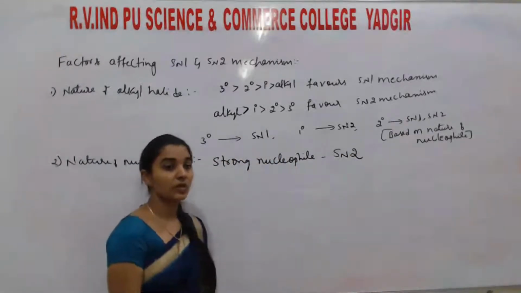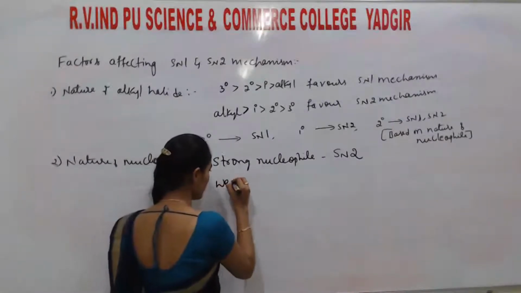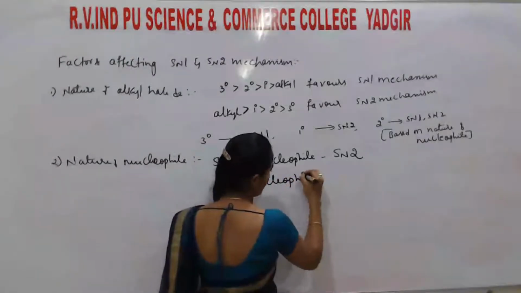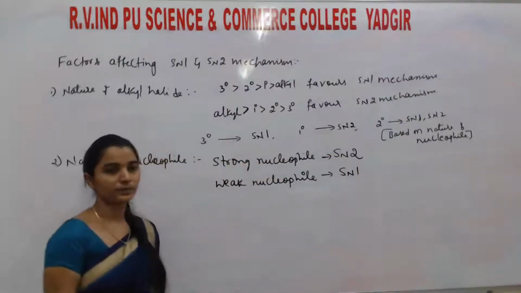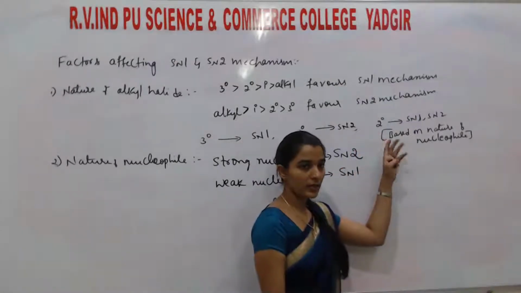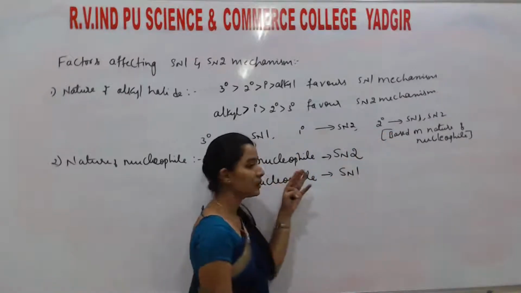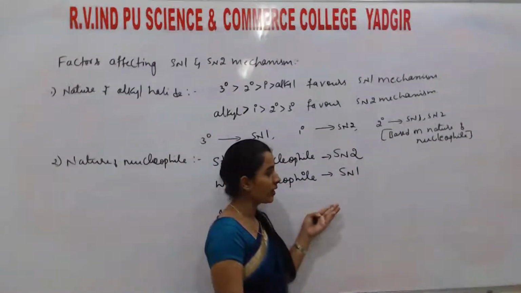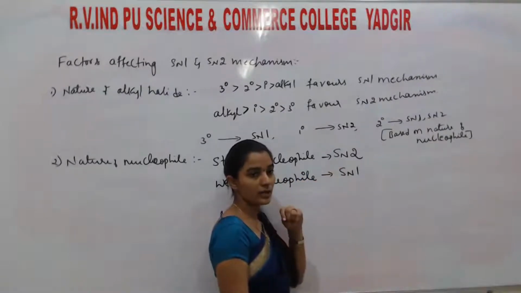If it is a weak nucleophile, then it follows SN1 mechanism. Means if secondary alkyl halide is there, we don't know which reaction will undergo. So based on whether the reacting species is a strong nucleophile or a weak nucleophile, we can justify which mechanism it can show.